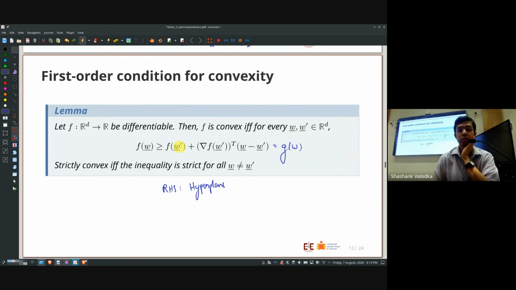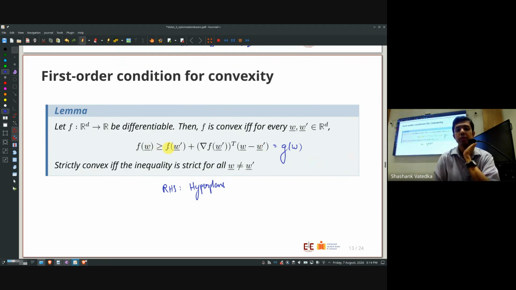Even in one dimension, what does the right hand side correspond to? Is it a general hyperplane or a general line, or does it satisfy some additional property with respect to the function itself? So let's view the right hand side as a function in one variable, right?